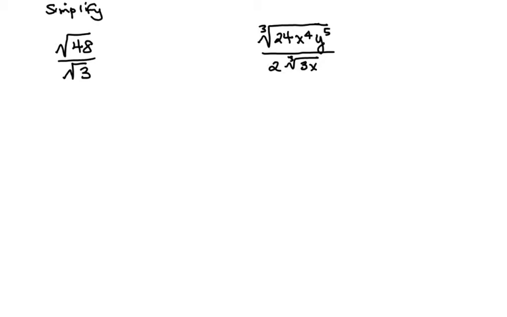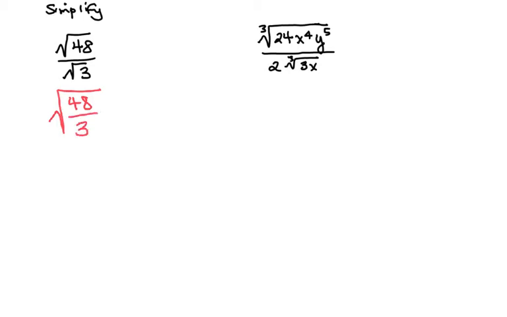These we're asked to simplify, but if you'll notice, they're already split up into a radical expression on the top and a radical expression on the bottom. These are going to be easier to simplify if we put them together and simplify the radicand itself. So instead of having two separate radicals, we'll put this together as 48 over 3.